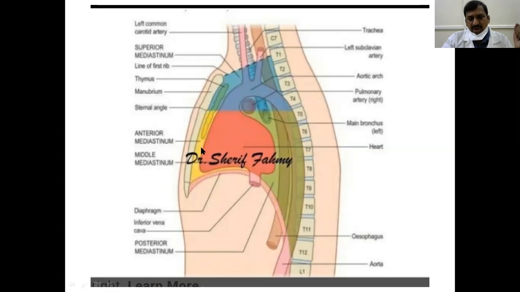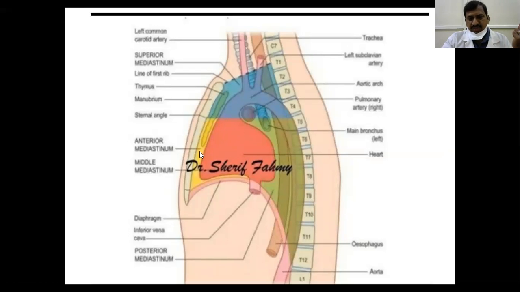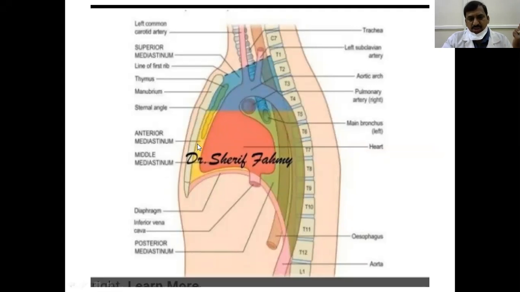This is the pericardial sac. Within the fibrous pericardial sac there is the heart. Outside the fibrous pericardial sac, anterior to it and behind the sternum, there is a thin space. That space is called the anterior mediastinum.